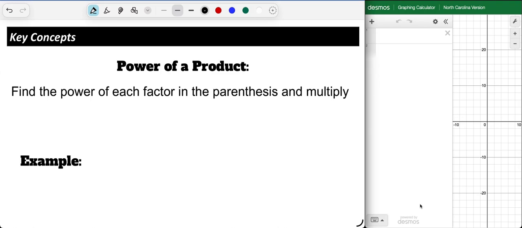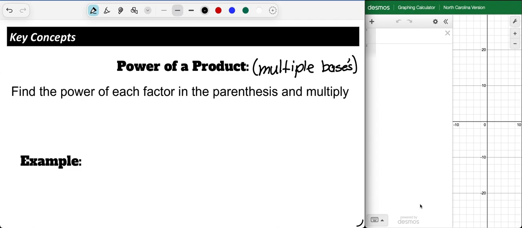Each factor in the parentheses is multiplied. Now this one deals with multiple bases. It is like the distributive property in a sense, but with exponents only.